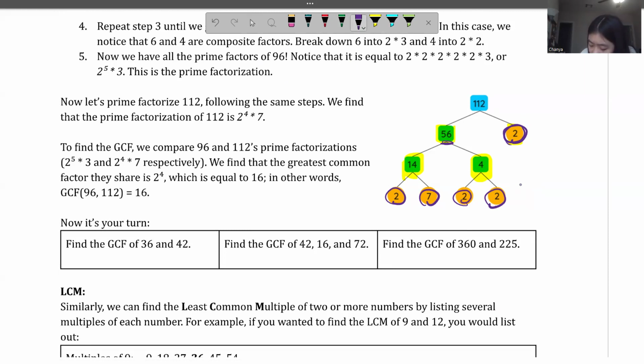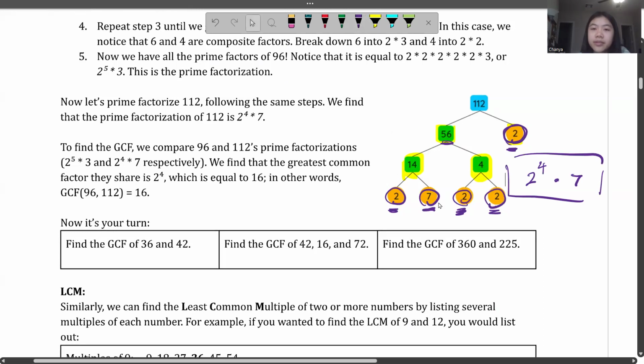So let's see, we have 4 2's: 1, 2, 3, 4. So that's 2 to the power of 4, times 7. And that is the prime factorization of 112.